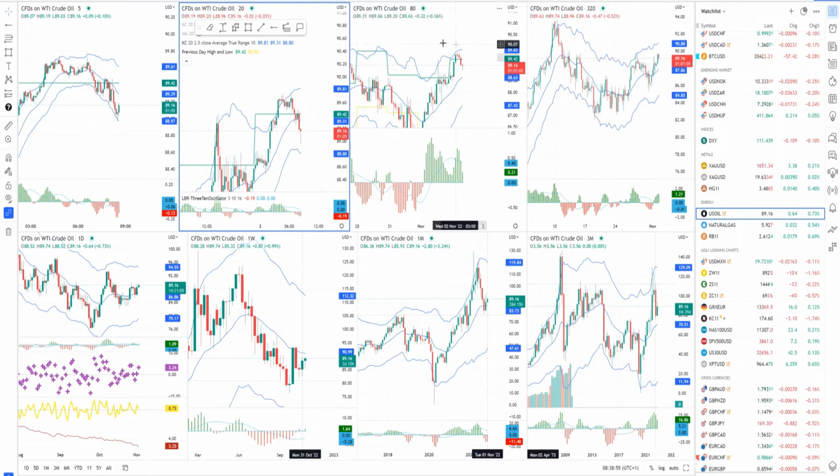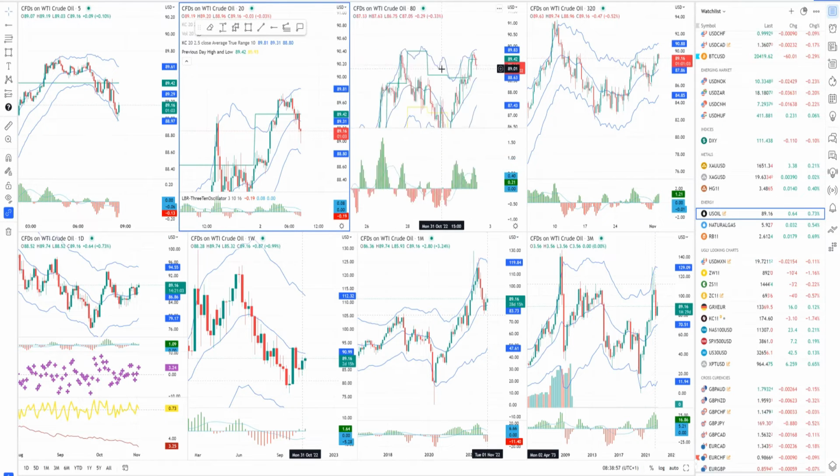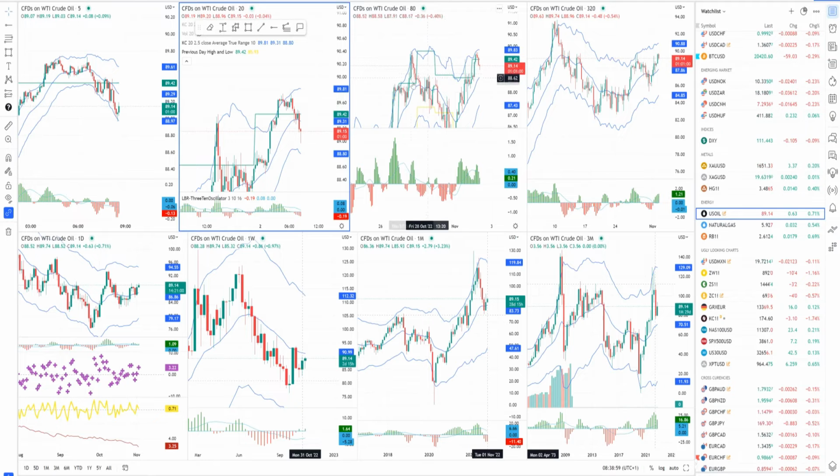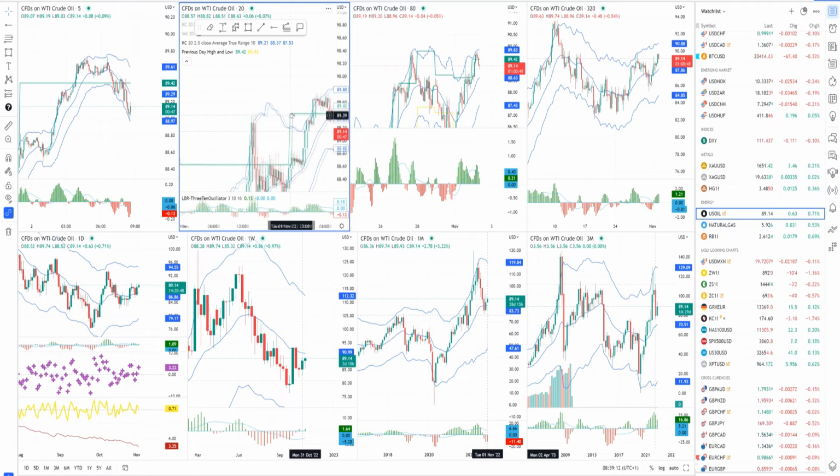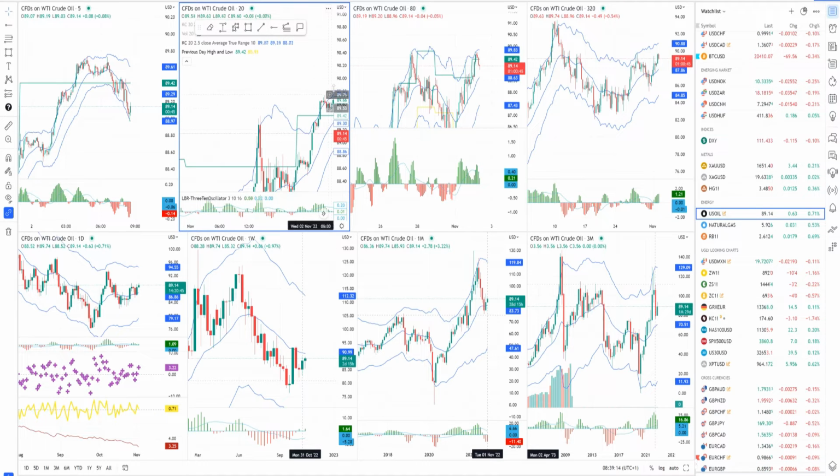On the higher frames, there is nothing significant here. There's not any kind of divergence or something. So from my perspective, this previous day high will be important to watch. We had a test of the high. Basically, the market failed to provide more buying power off this mini high tide flag.